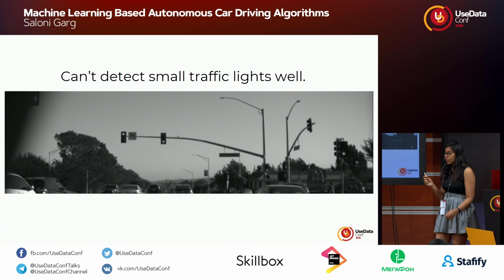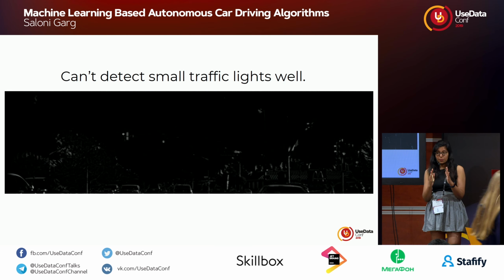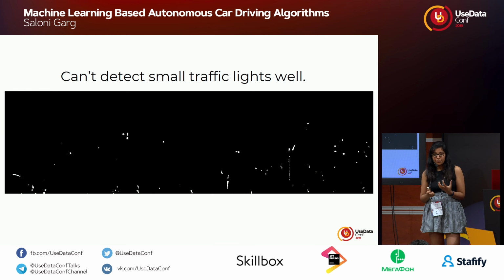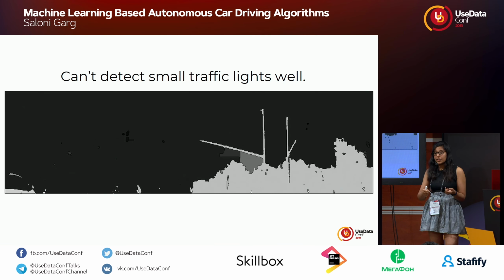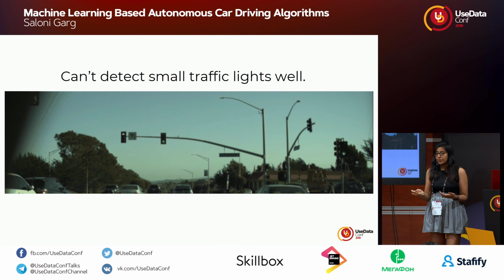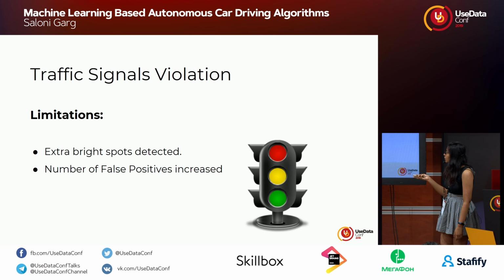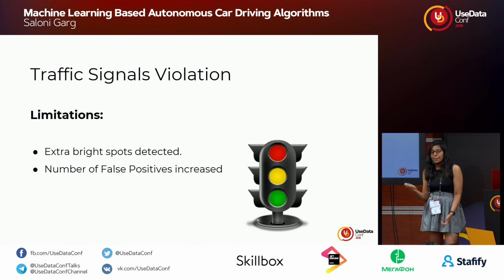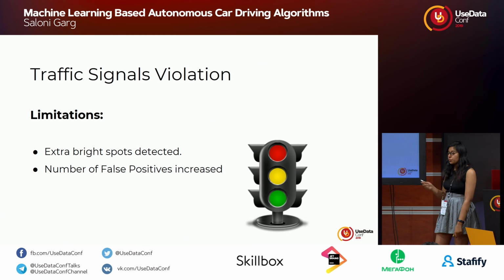More than that, even if we feed in an image of a very close by traffic light, it wasn't able to detect whether the current light is yellow or orange or red or green. So the limitations that we faced were that extra bright spots were detected, and if there's a small light in bushes, it would detect that as well, and the number of false positives increased very, very much.